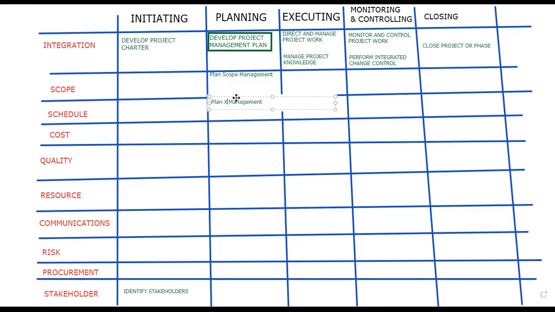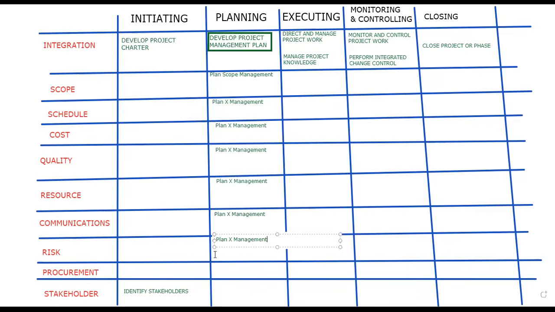They all have this plan X management theme, where X is the knowledge area. So it doesn't really take that much to remember a whole bunch of them. See, they all follow this plan X management bend, where X is the name of the knowledge area.